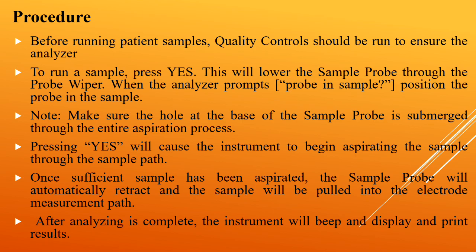If the controls are good, we will run the sample. After running quality controls, to run the sample, press S on the instrument. After pressing S, this will lower the sample probe through the probe wiper of the instrument.